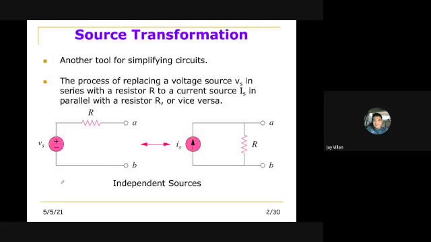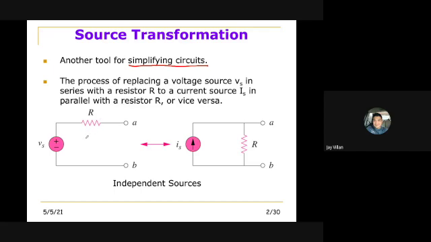Right. So it says here that it is a tool for simplifying circuits. So your objective is to simplify circuits. It is the process of replacing a voltage source, Vs, in series with a resistor.